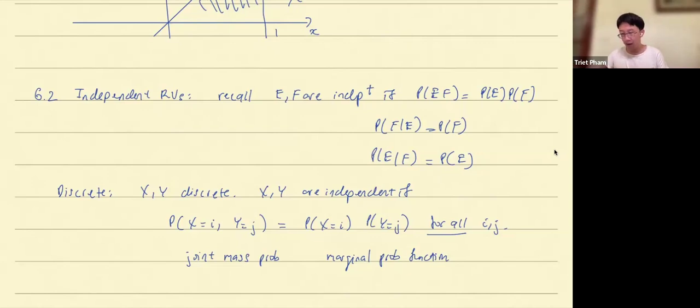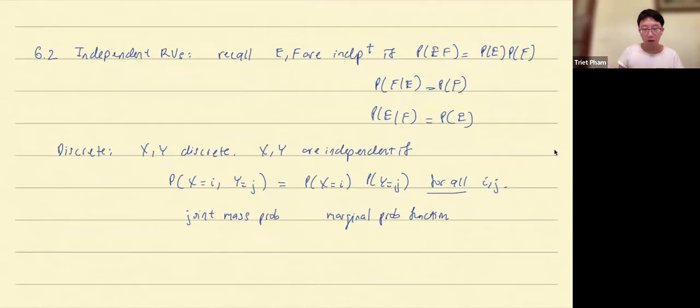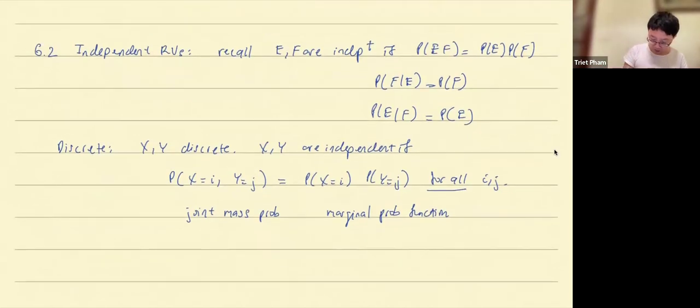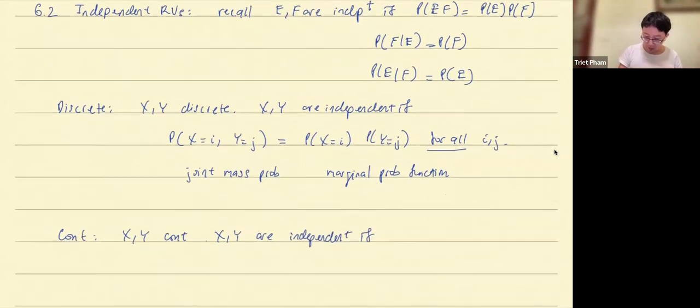And similarly, if you remember that, then for the continuous case, it's the same thing. If you have two continuous random variables, so they have a joint density, then X, Y are independent if the joint density is the product of the marginals.